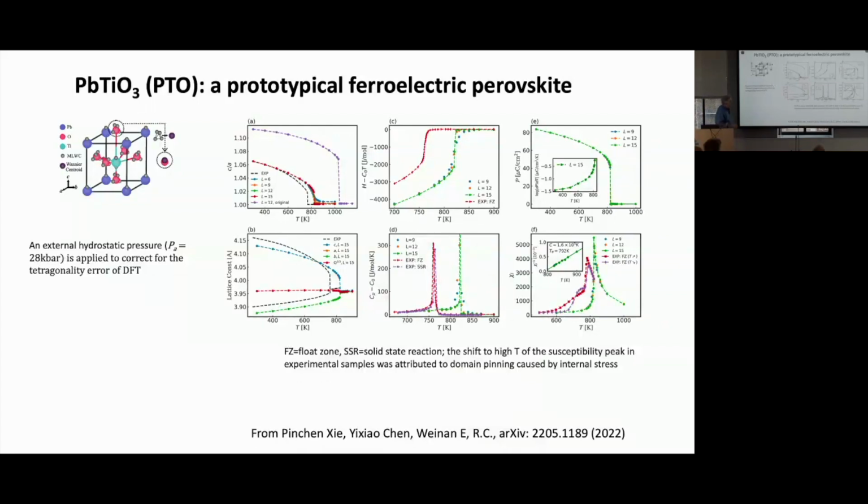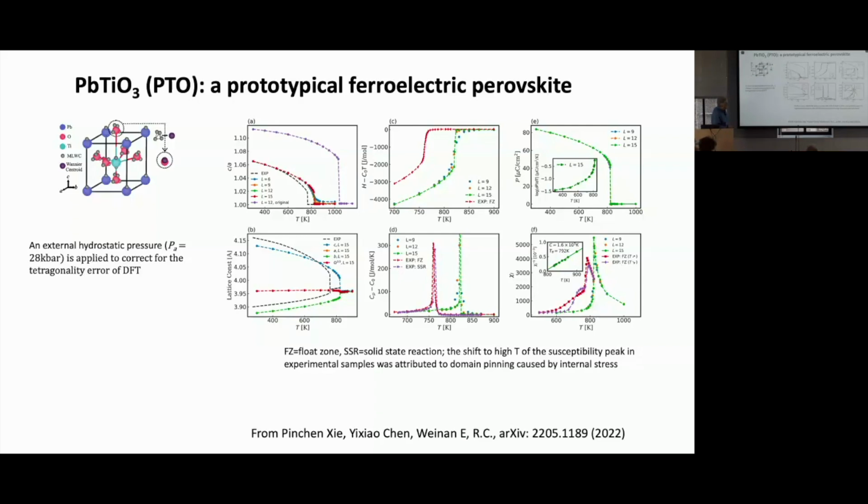We can also look at the susceptibility, again calculating it now. This is the fluctuation of the enthalpy, and this is the fluctuation of the polarization. We get the susceptibility, and these are results from experiment going up and down. In experiment, the phase transition should actually occur over here, but there is a shoulder and the peak is moved to higher temperature, supposedly due to strain fields present in the experimental sample.